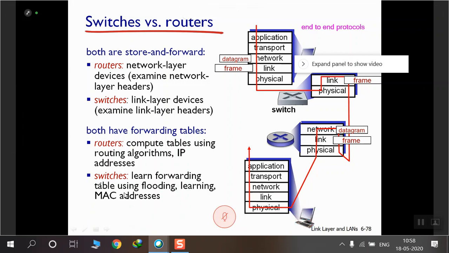Also, in terms of performance, switches are very high performance devices, 100 Mbps, more than that, in fact, 1 Gbps. And most of the switches nowadays work in full duplex mode. Now, my point here is to explain a term which is cut-through switching.